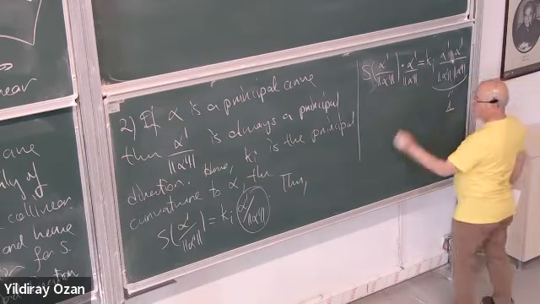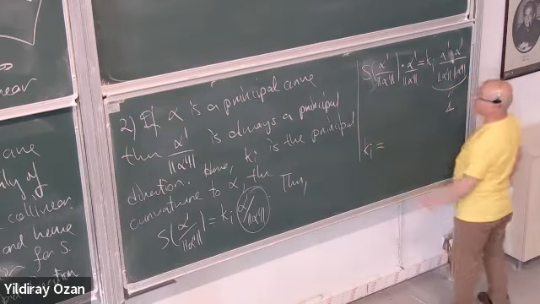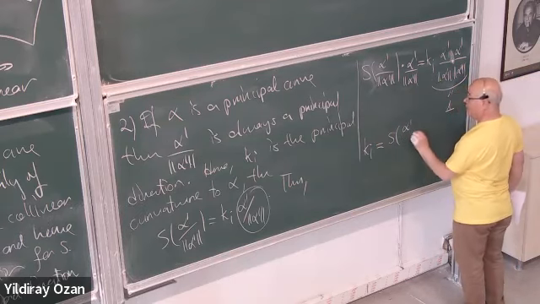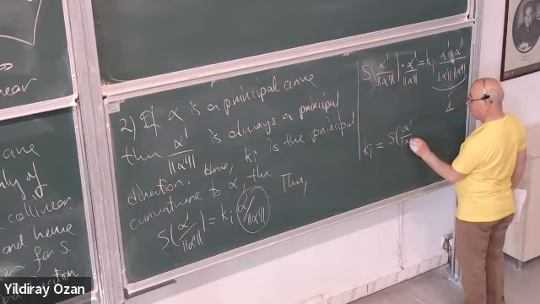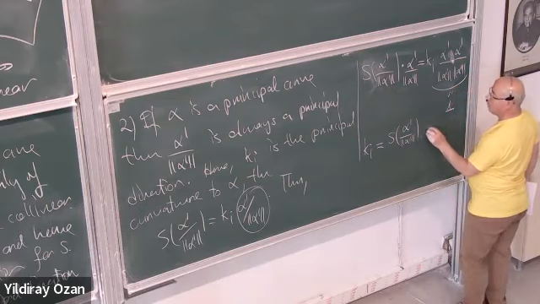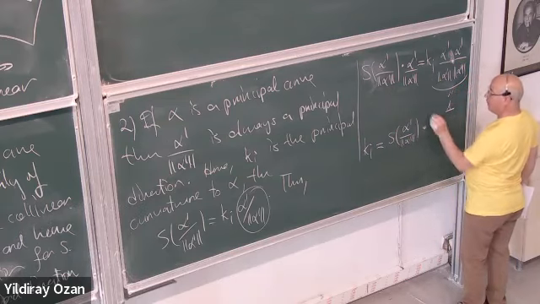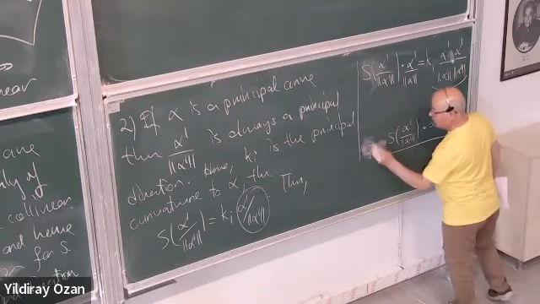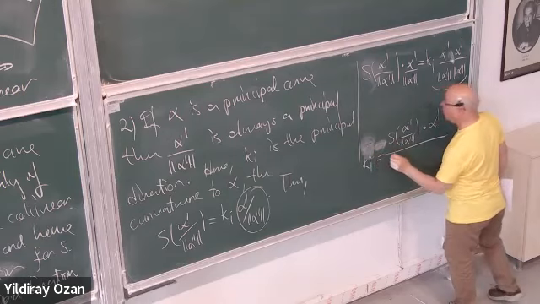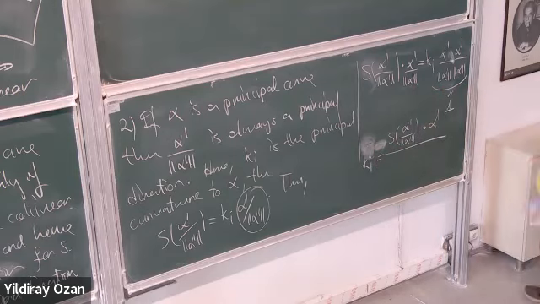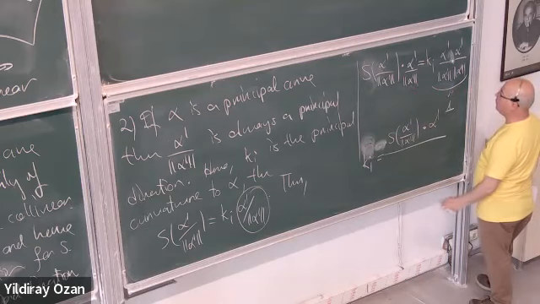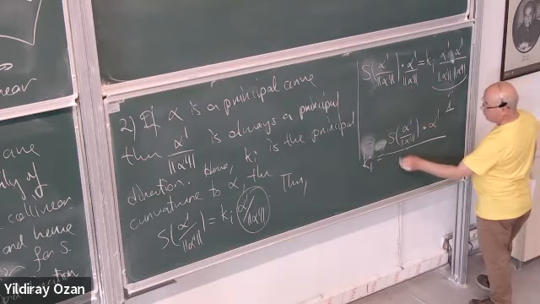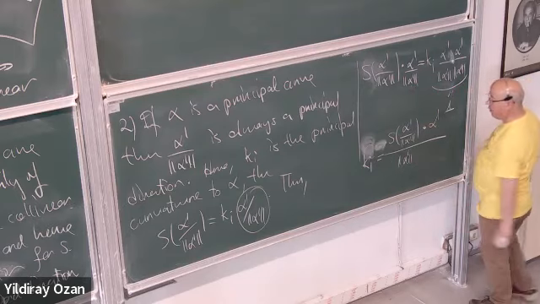Therefore, ki is what? Ki is just this gadget dot product with alpha prime divided by the norm of alpha prime.